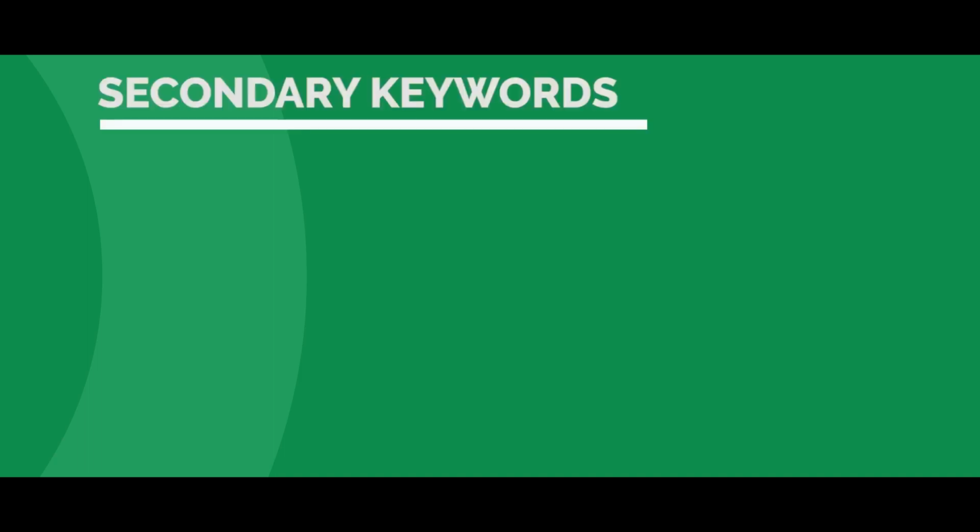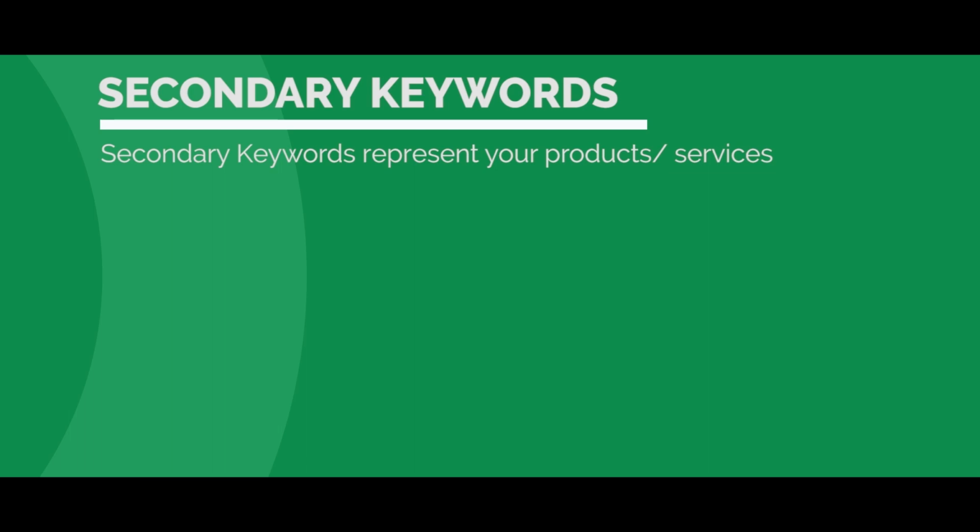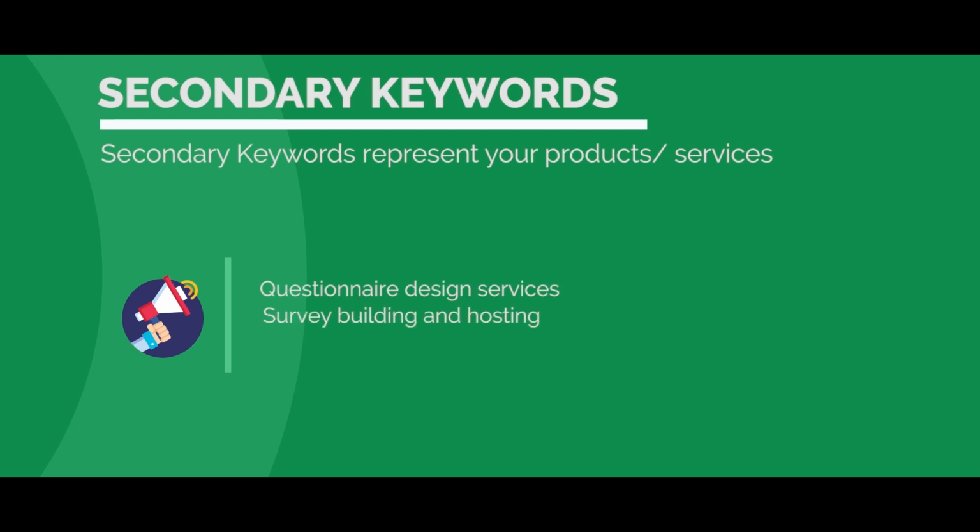Thirdly, we have secondary keywords. Secondary keywords represent your products and services. To identify such keywords, make a list of products or services of your company, like in case of a marketing research firm, secondary keywords may be questionnaire design services, survey building and hosting, data collection and reporting.